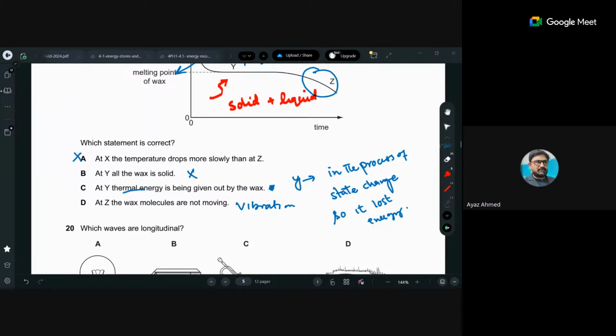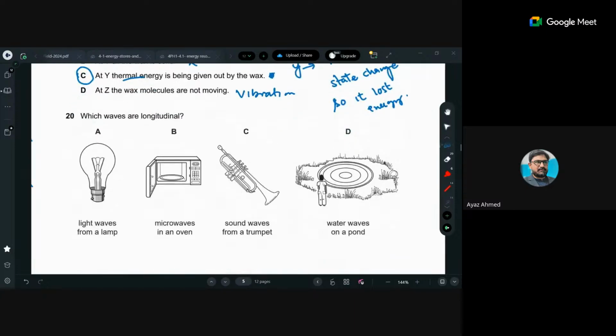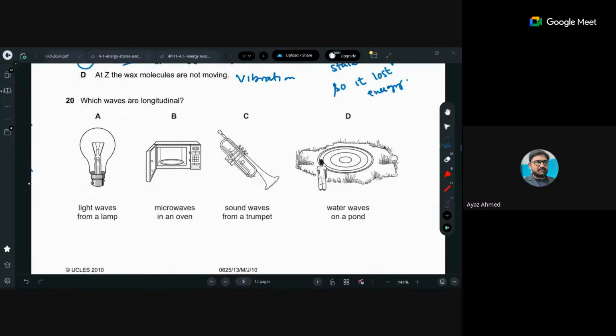Yes. So I was talking about how it will lose the energy, and that is why option C would be correct. We have to be very vigilant. When I talk about thermal, I will explain all these concepts in detail, inshallah. Due to this question number 20 only, you have to face this entire page. Sorry for that.